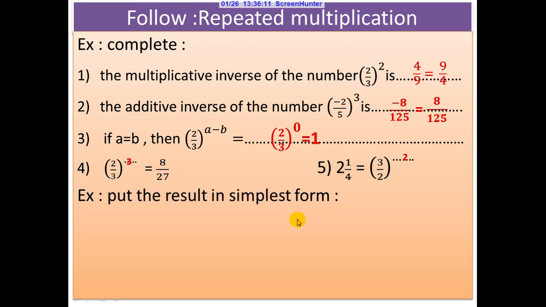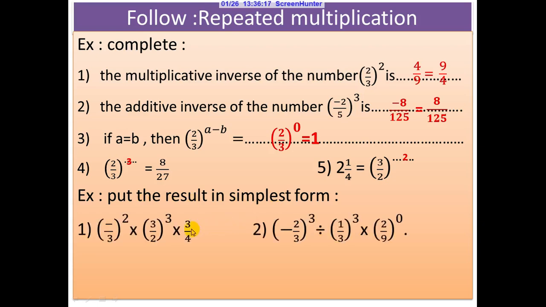Let's see the last exercise here. Put the result in simplest form. He gave me here negative 1 over 3 raised to power 2 times 3 over 2 raised to power 3 multiplied by 3 over 4. How to solve this? By doing each one alone.